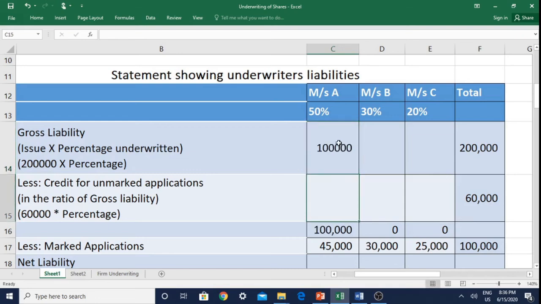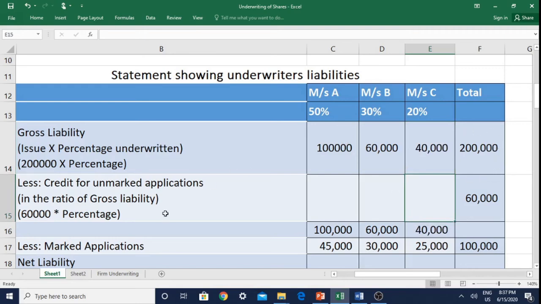So his liability will be 1 lakh, and B will have a gross liability of 2 lakh into 30%. So that gives you 60,000. And what about C? That is the remaining shares, which is 2 lakh into his liability of 20% gross liability. So when you add this, you should get this total.